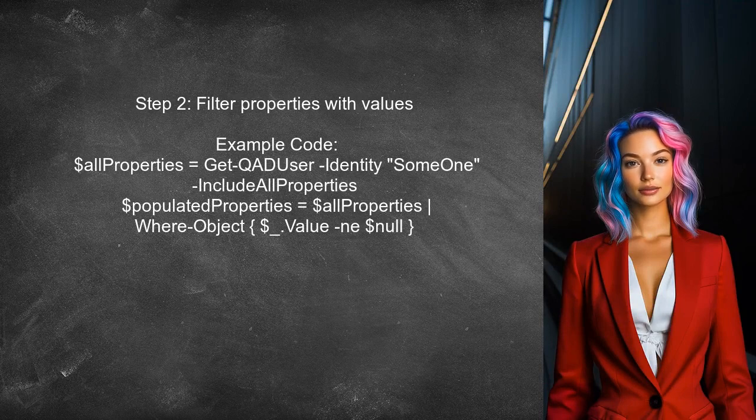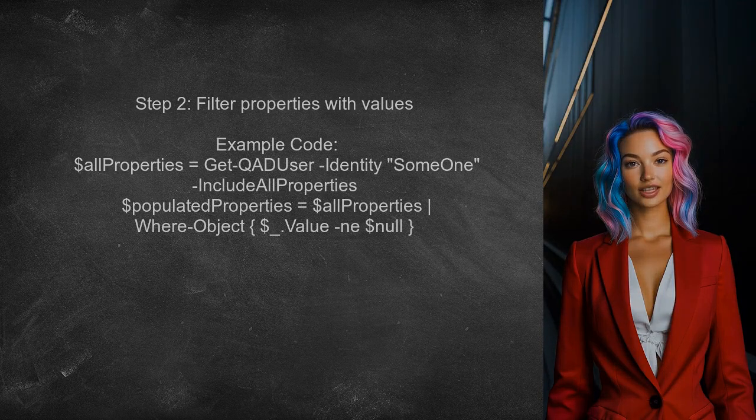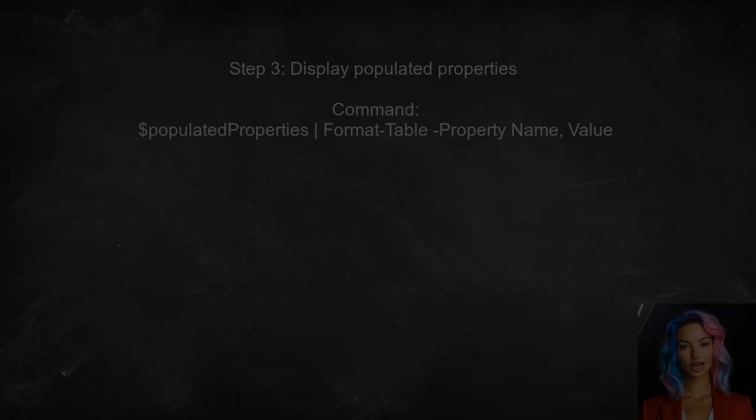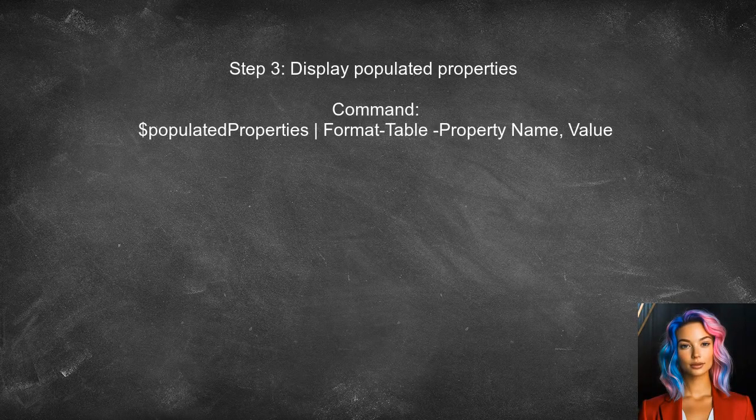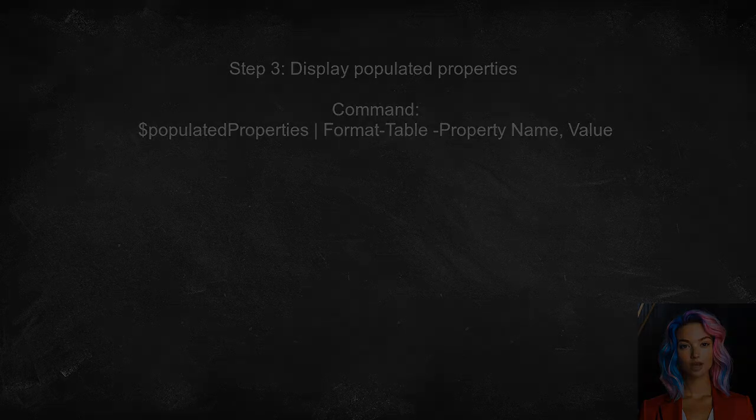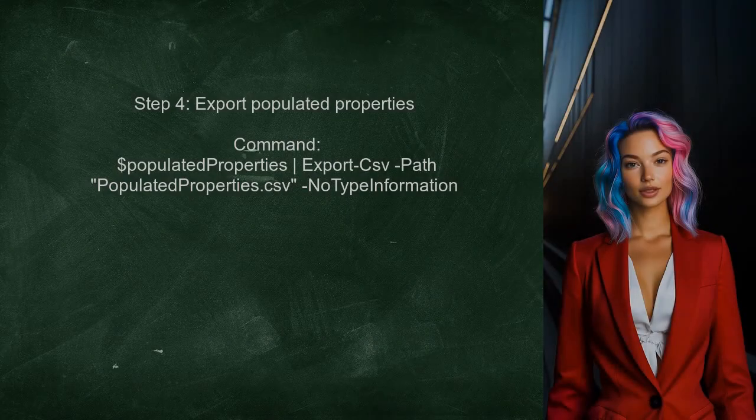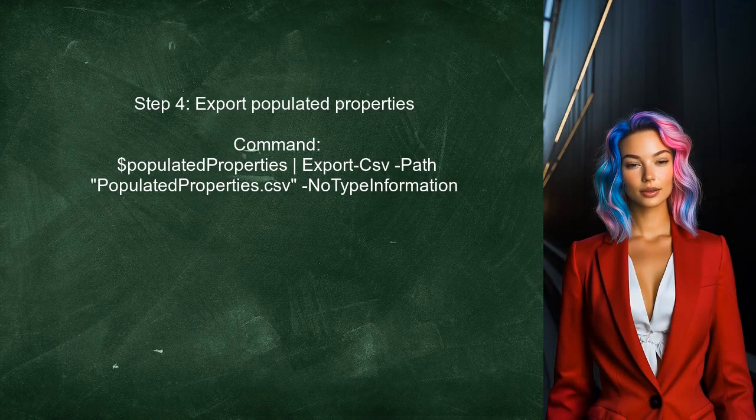This can be done by using a simple filtering technique in PowerShell. After filtering, the user can display the populated properties. This will provide a clean list of only those properties that contain values. Finally, the user can export the results if needed. This can be done by using the export CSV command to save the populated properties to a file.